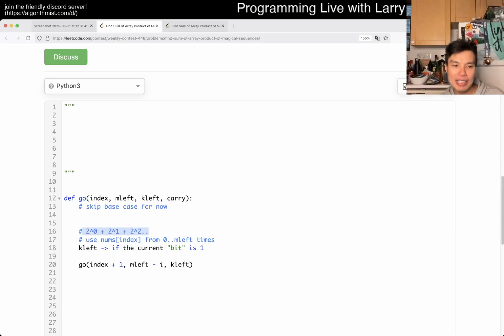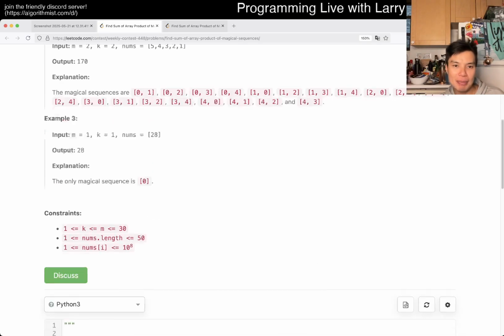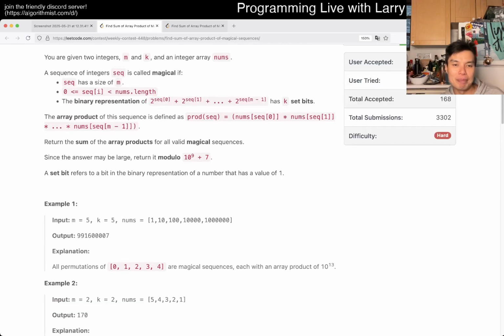So we have a binary number, and we look at the contribution of this formula one term at a time. So we go, okay, if nums sub 0, how many times does it appear? If nums sub 0 appears 0 times, then that means that it just has no contribution.